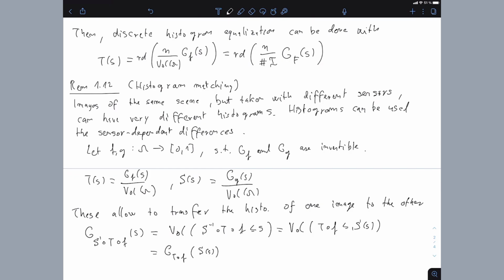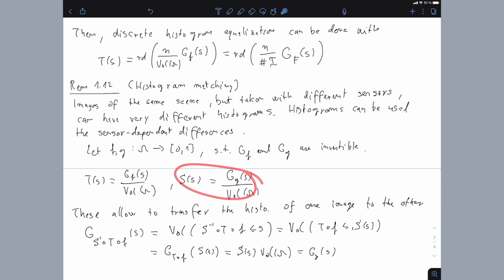And we know that g of f is uniformly distributed, so this is just capital S of s times the volume of omega. And by definition of the capital S, this is the CDF of g.